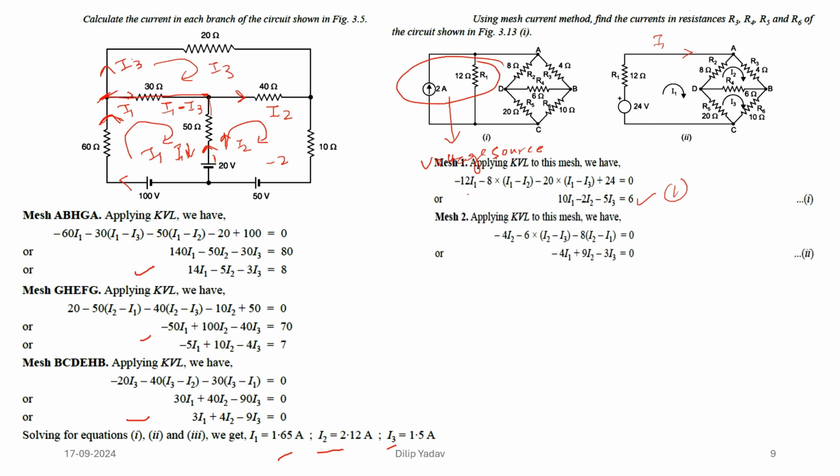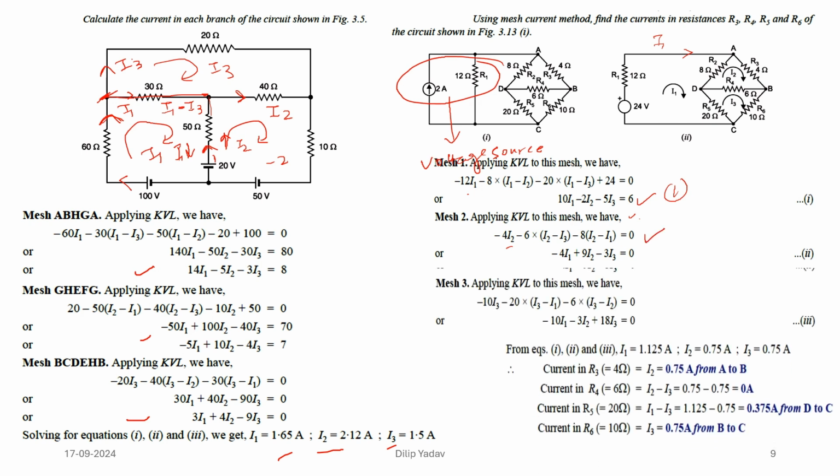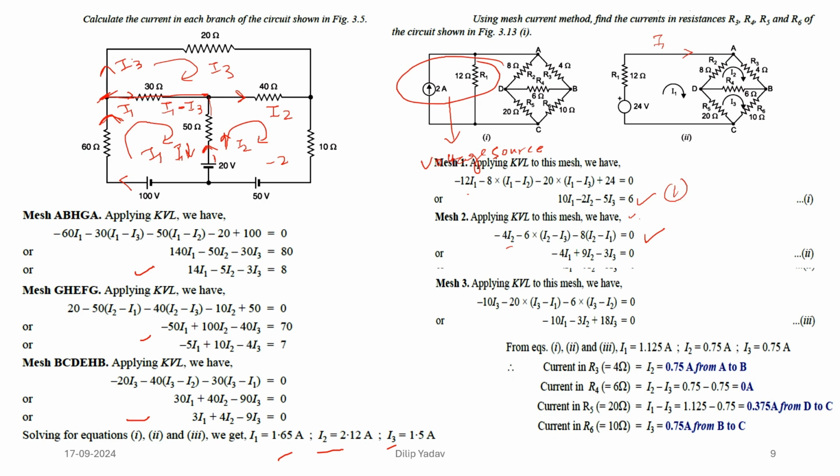Now going to the second loop, applying KVL in the mesh, we have minus 4 I1 plus 6 into I2. Similarly, we obtain the I3 equation, and by solving all three we obtain I1, I2, and I3. It depends upon how much we have reduced. I told you that source conversion is a tool that we are going to use, and by this we are going to solve.